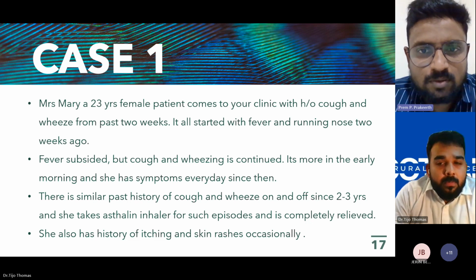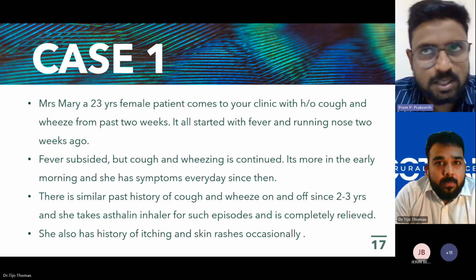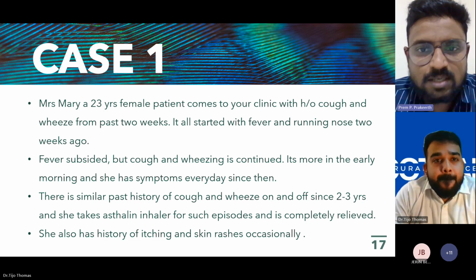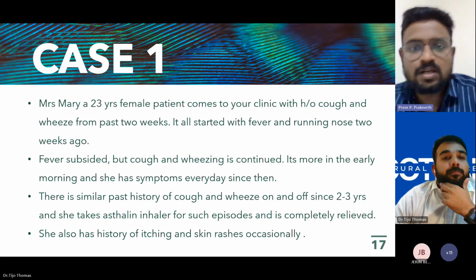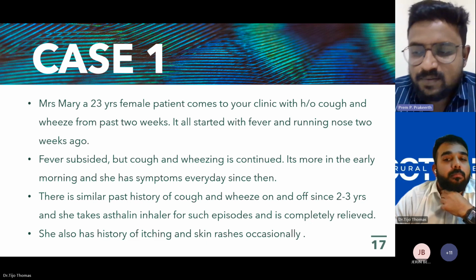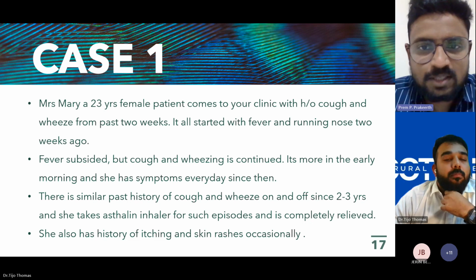Orthopnea can be there in both respiratory and cardiac cause of breathlessness, while PND is classical of cardiac cause, which indicates that there is left ventricular failure. So if the patient is having PND history, it's 100% sure that the patient is having heart failure related breathlessness.